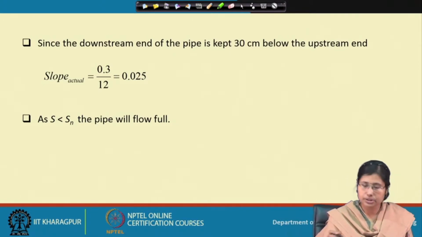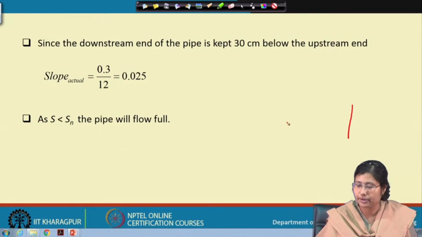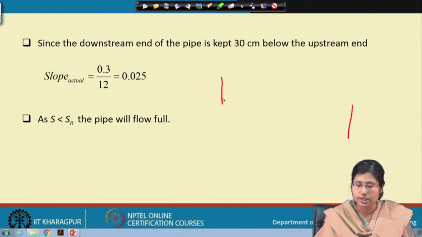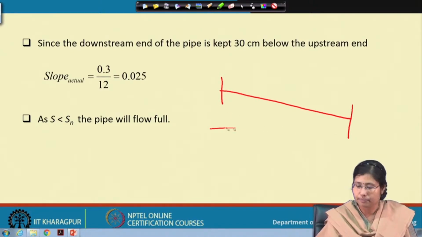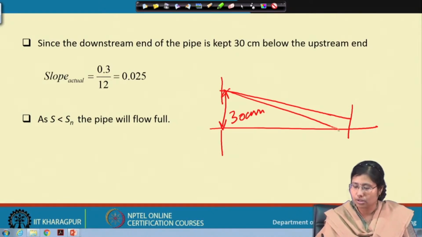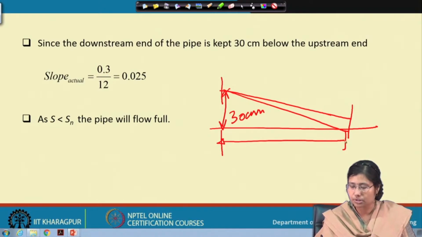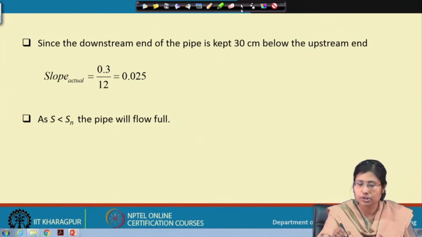Suppose this is the downstream end and this is the upstream end, located at a height of 30 centimeter, and this is the pipe length, which is given as 12 meter. From this you can directly calculate the actual slope.